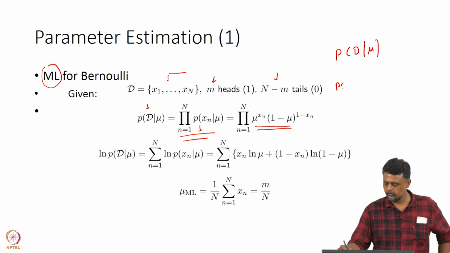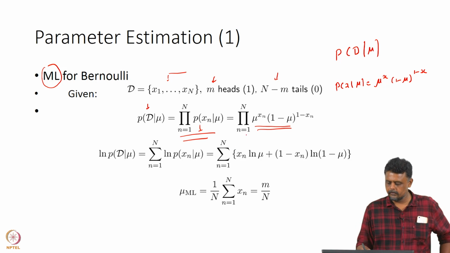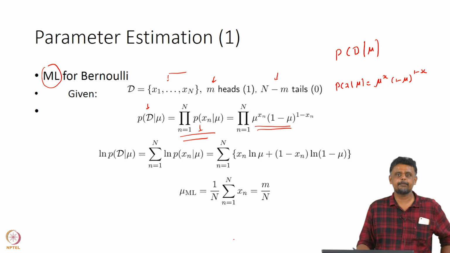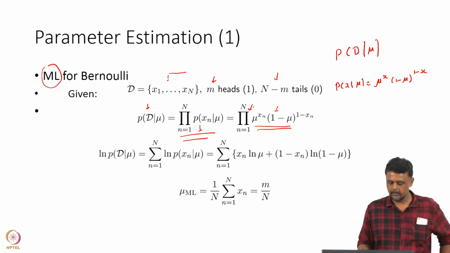Recall that probability of x given mu is mu raised to x times 1 minus mu raised to 1 minus x. Since there are capital N coin tosses, each of them being independent, we just take a product. So, this symbol here represents the product of capital N terms.